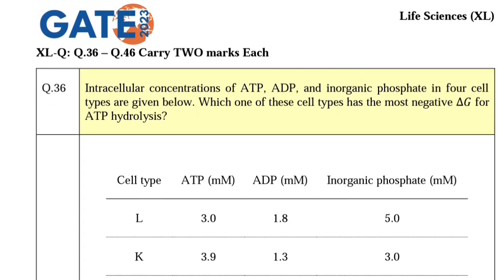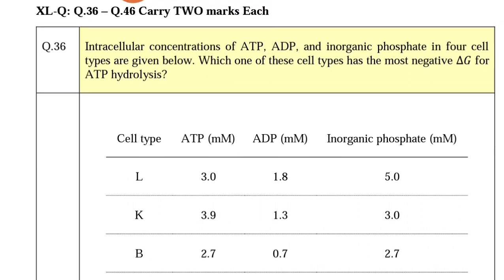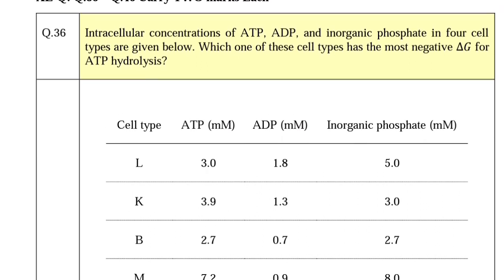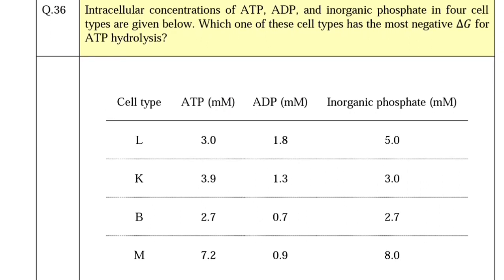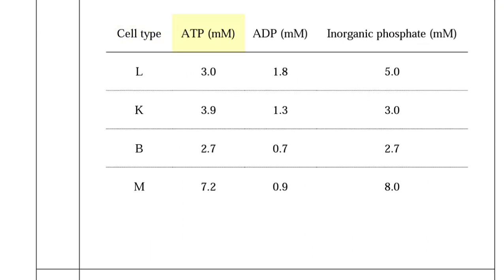The intracellular concentrations of ATP, ADP, and inorganic phosphate in 4 cell types are given below. Which one of these cell types has the most negative increment G for ATP hydrolysis? Cell type: ATP mM, ADP mM, inorganic phosphate mM.